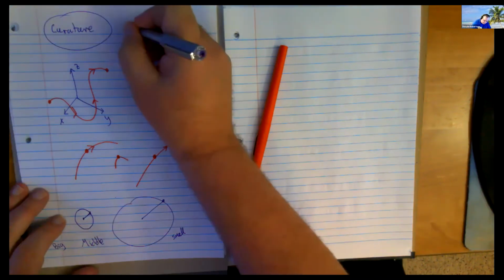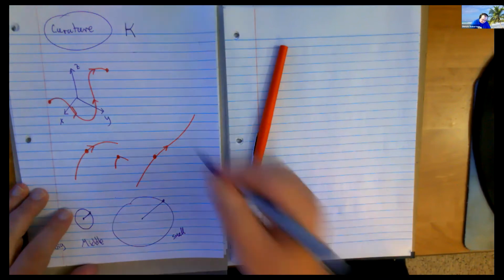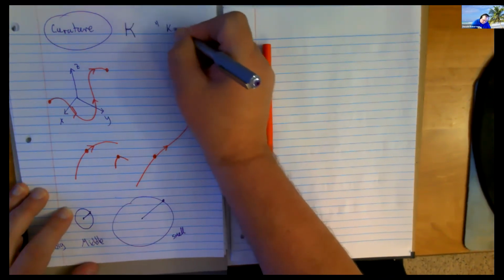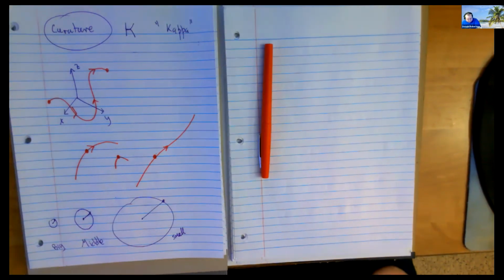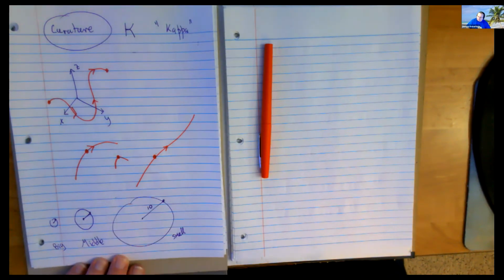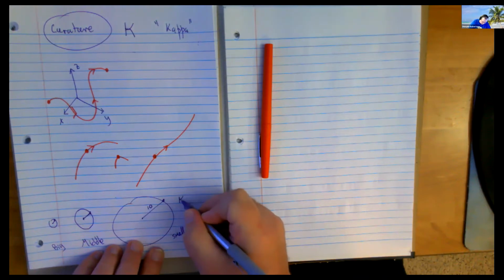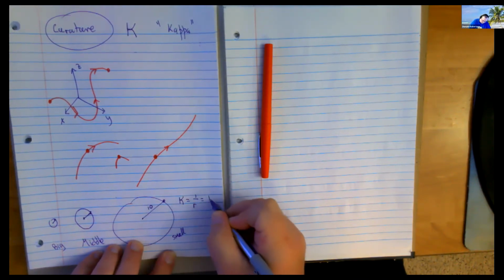And we use a Greek letter that looks like a K, but it's actually the Greek letter kappa. And kappa is the curvature. So if this circle had a radius of 10, then its curvature is 1 over its radius.